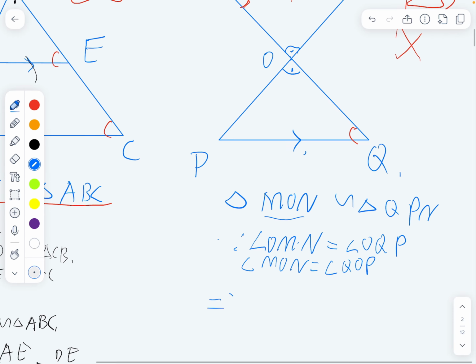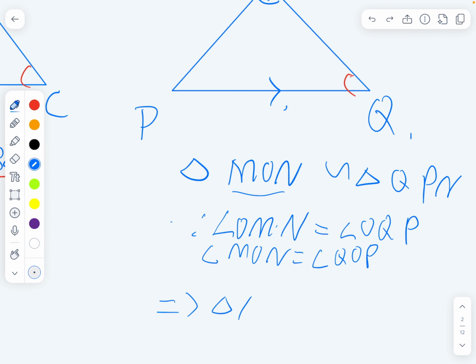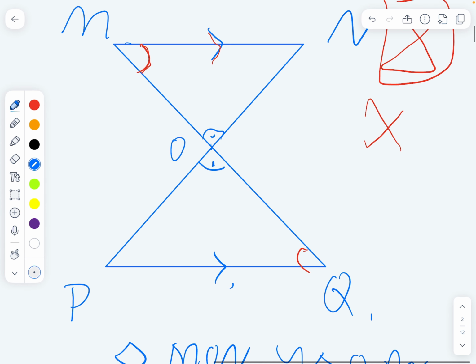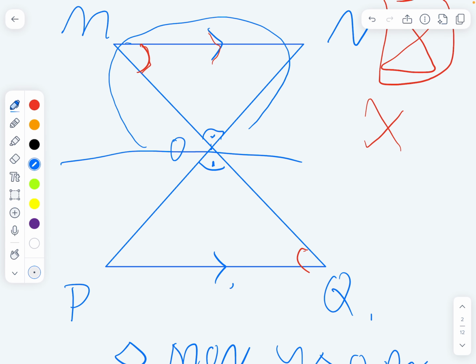So triangle OMN is similar to triangle OQP. This graph we can cut down and move this triangle down, so they are the same.